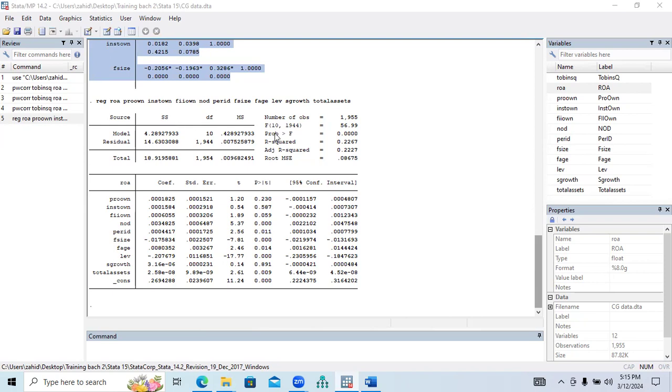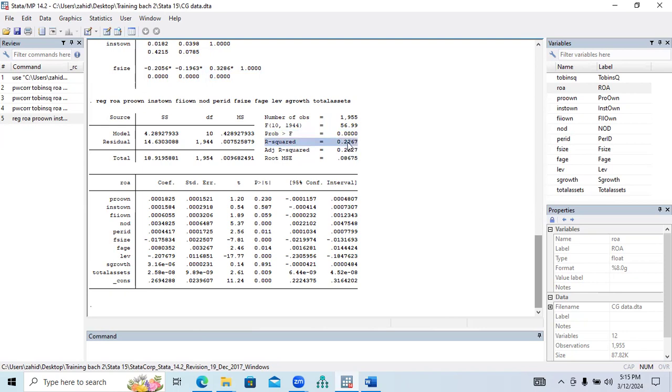First of all, you need to understand this one. The first thing you need to see in the regression output is the probability greater than F value. This value should be less than 0.05. In our case, as this value is less than 0.05, it means our model is statistically fit and our regression is valid. The next thing you need to see is the R square value.